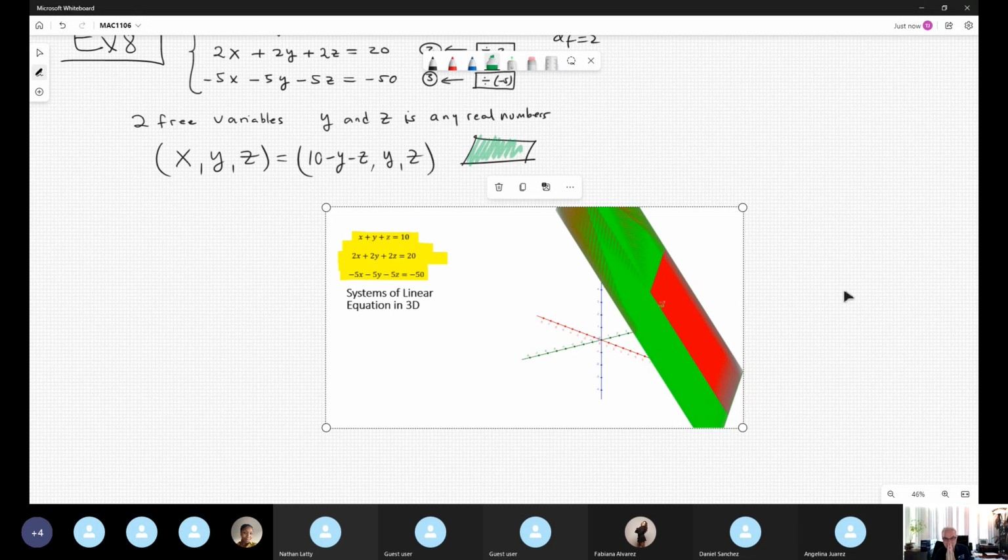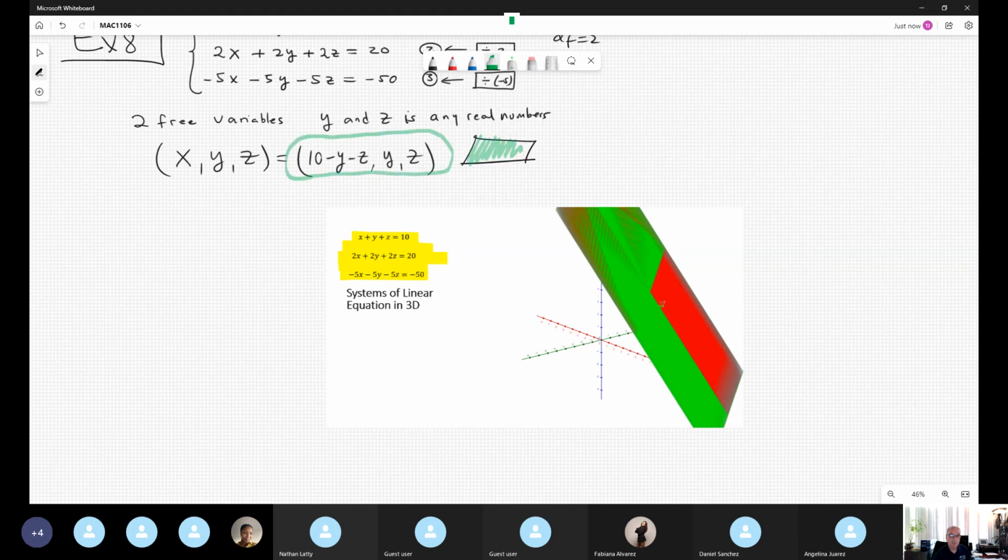I don't see the yellow. I see only the green. And one piece of the red is coincident. Therefore, the solution, the common points between the three equations, is a plane. And this plane is represented by this notation. Look. It's a plane. That plane.